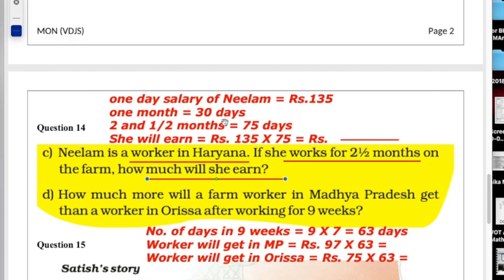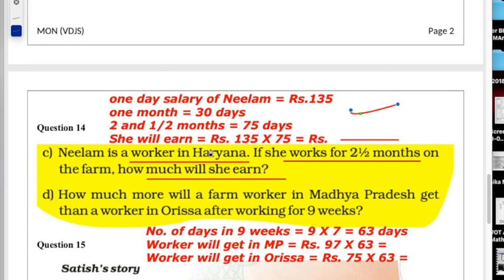I know you will say, ma'am, some months have 31 days, and February has 29 days in a leap year, otherwise 28 days. But we will consider a 30-day month here. So 2 months is 60 days and half a month is 15, so 60 plus 15 gives 75 days.